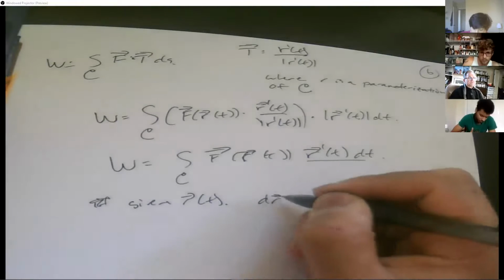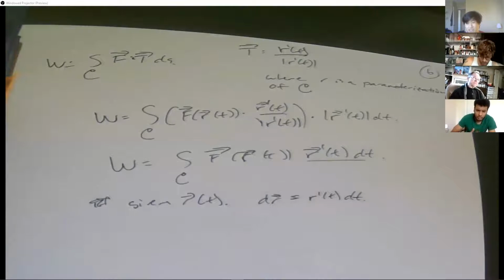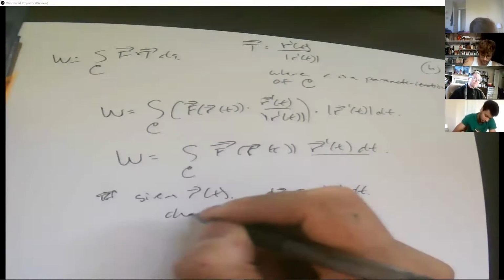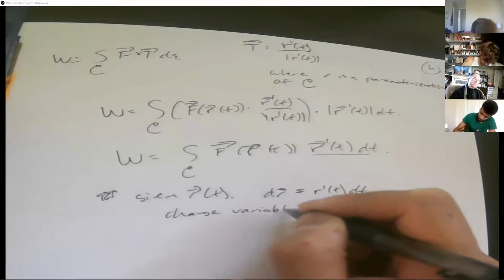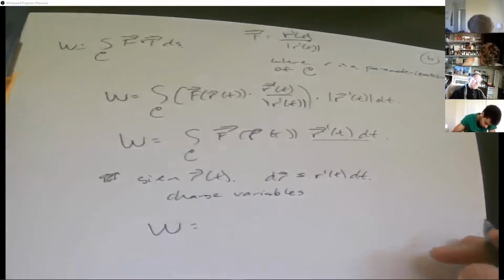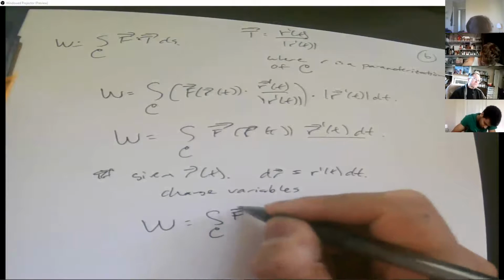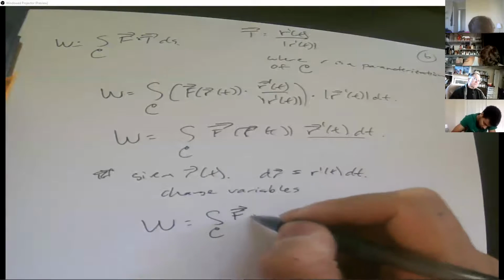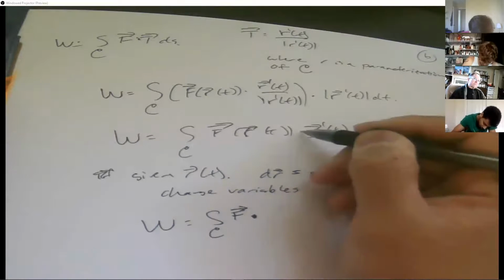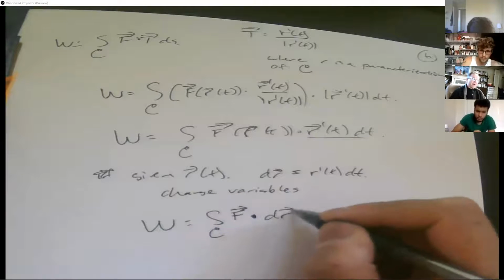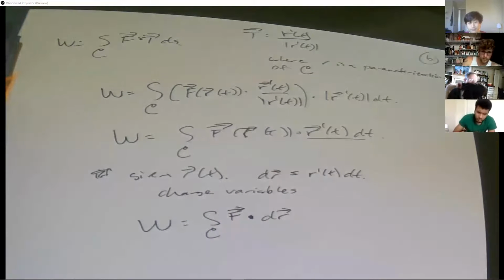So we can make a change of variables to express this in a pretty common way. We write work is equal to the integral across the curve of F dot dr. Does that make sense?